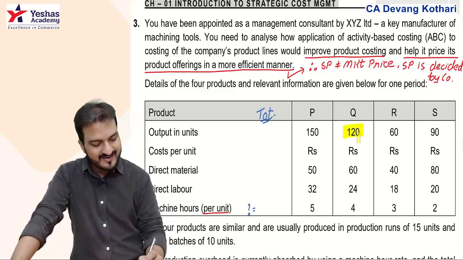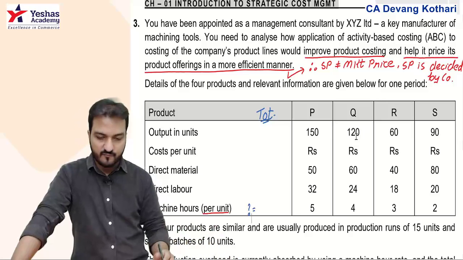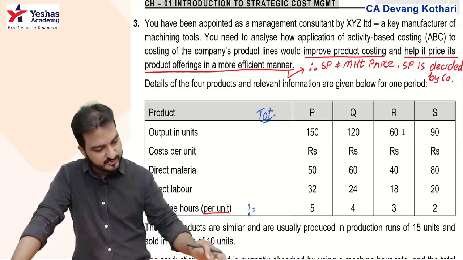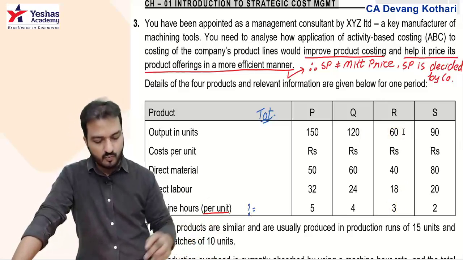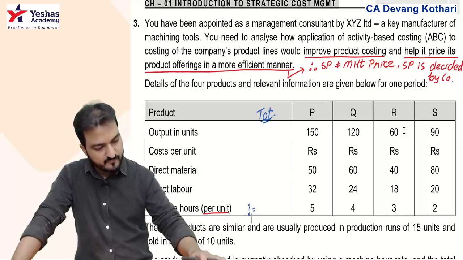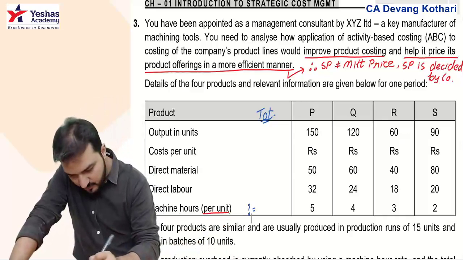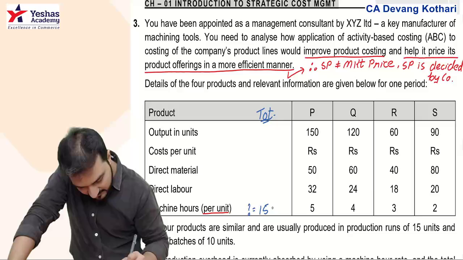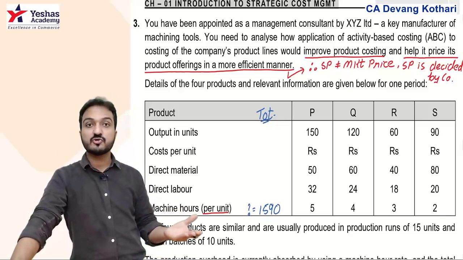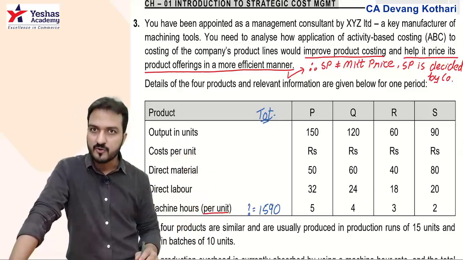You are making 120 such units. So 4 into 120, 480. 1 unit of R requires 3 machine hours. You are making 60 such units. 3 into 60, 180. And last one, 2 into 90, 180. Total 1590. Yes, total machine hours you therefore get is 1590. 1590 becomes your total machine hours. Total was not given. This is how you find. This is what we learned in note number 2.